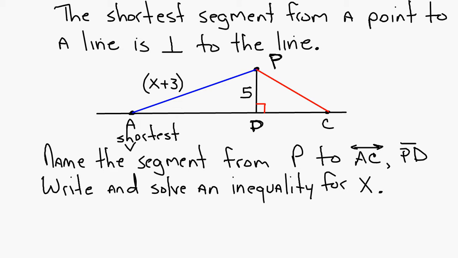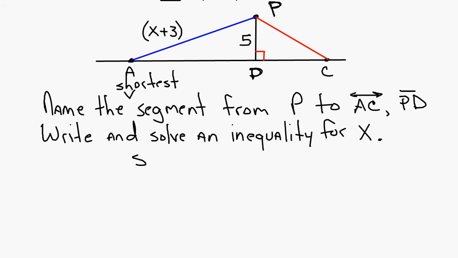So in this case, write and solve an inequality for x. If x plus 3 represents the blue segment and 5 represents the black segment, isn't the 5 going to be less than the x plus 3? Okay? So 5 is going to be less than x plus 3.